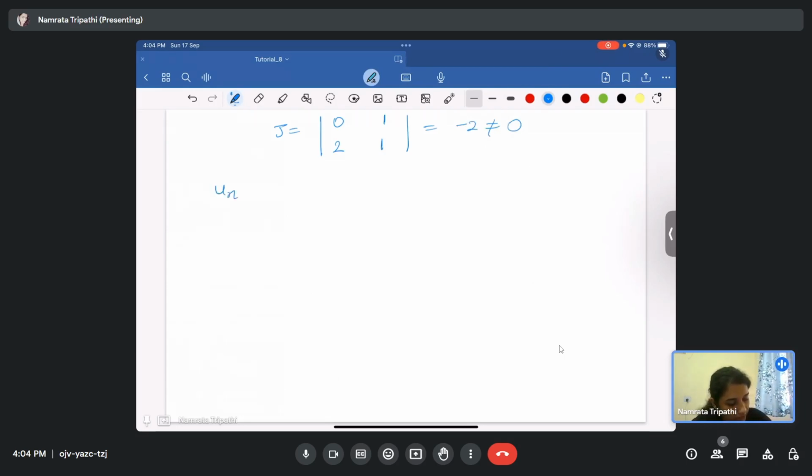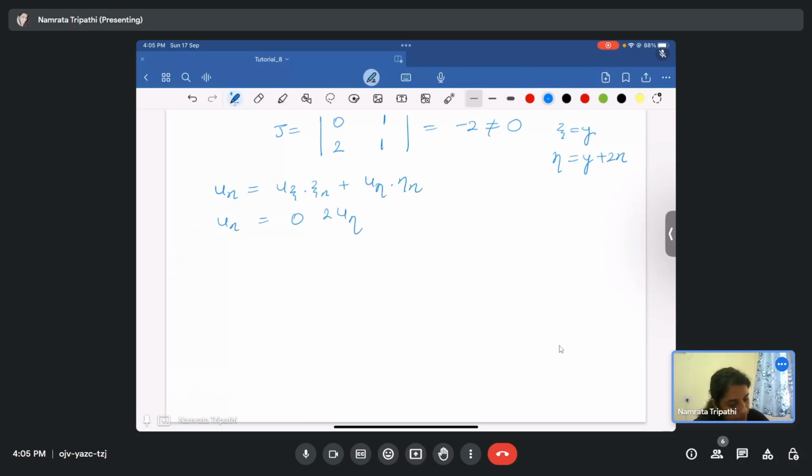So we can take u of x equals u of xi, xi of x, plus u of eta, eta of x. Since xi is y and eta is y plus 2x, xi of x is 0, eta of x is 2, so 2u of eta.